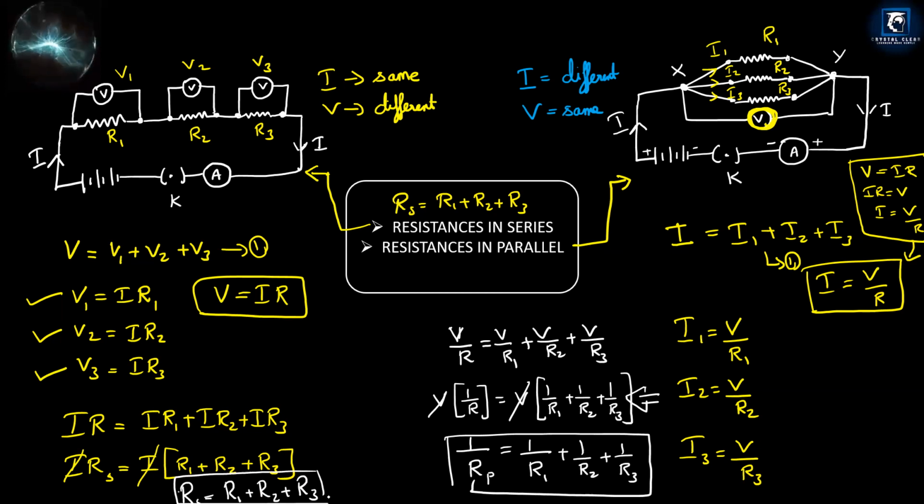Okay, next we'll move on to a very interesting concept, heating effect, as well as we'll move on to the power. So first we'll talk about heating effect. Heating effect of current.